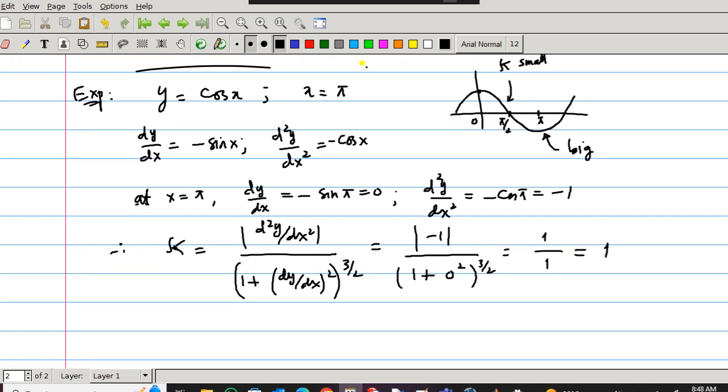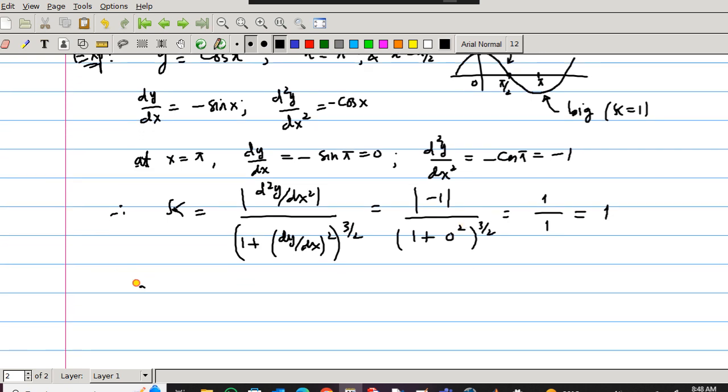And let's say if I want at x is equal to, not 0, pi by 2. Let's say here where I am claiming that this curvature will be small. So curvature becomes 1 at x equal to pi. So let's see what we have here at pi by 2. Should be smaller.